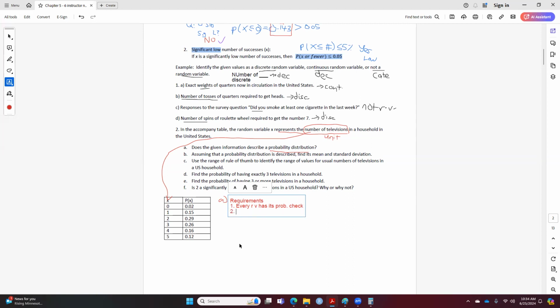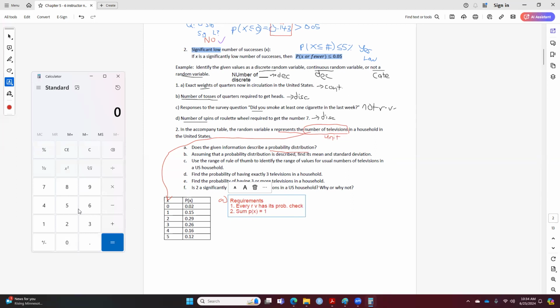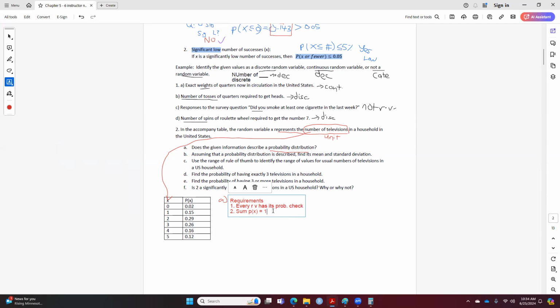Second, the sum of all the probabilities is 1. Okay, in order for us to check this, you take out your calculator and add all these numbers up. 0.02 plus 0.15 plus 0.29 plus 0.26 plus 0.16 plus 0.12. So this comes out to be exactly 1. This will be checked.